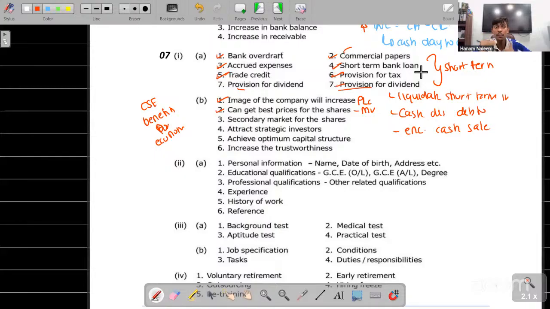The price will depend on demand and supply. And there is a secondary market, so investors who buy the shares of the company can sell those shares in the stock market and get capital gains. Now many investors will invest and buy shares from your company, and you can get strategic investors and an optimum capital structure. That means you can have a proper level of equity, and it will also increase the trustworthiness of the investors. Okay, so those are the advantages for the company.